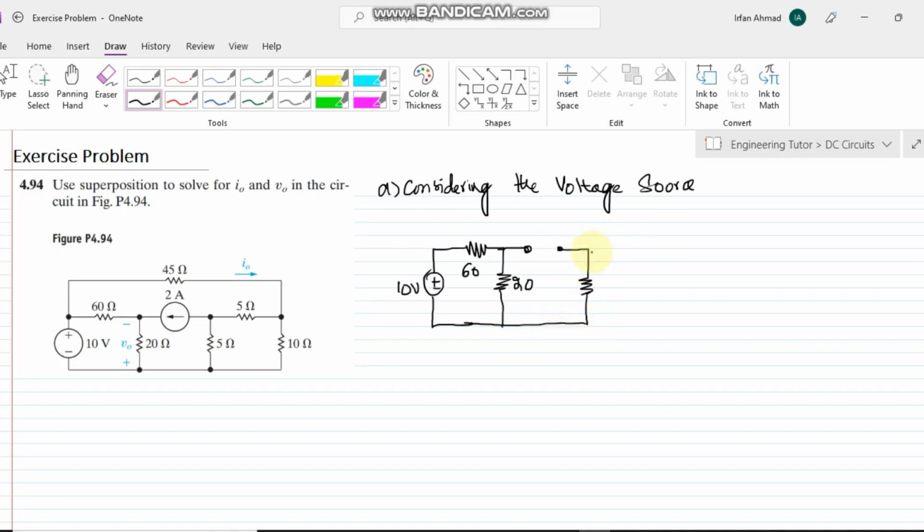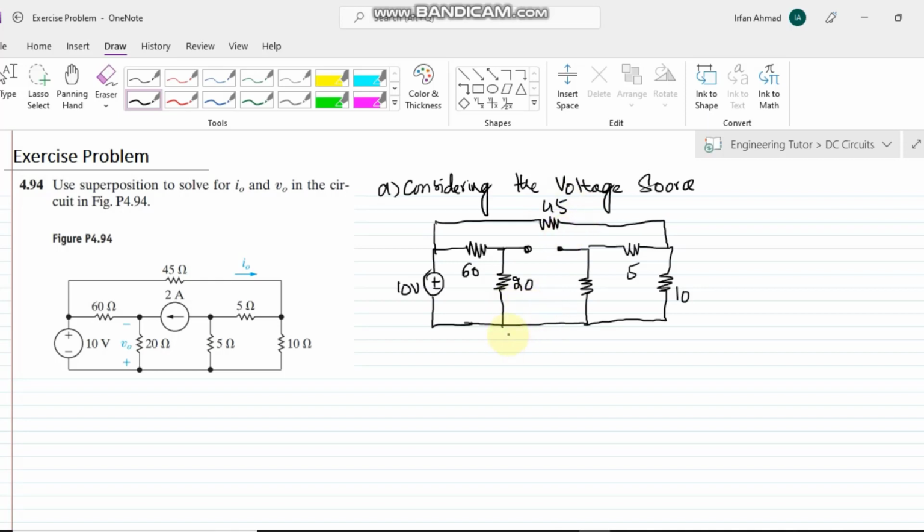that is the other portion of this circuit in which this is the 5 ohm resistor, 10 ohm here, and this is the 45 ohm resistor.